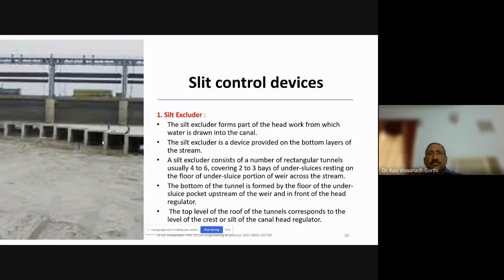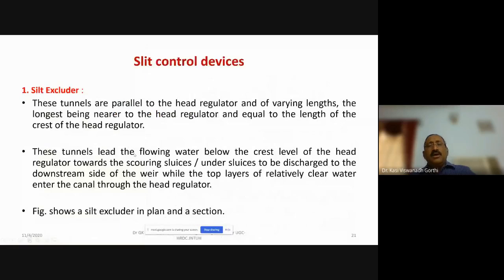This undersluice may be within the body of the river, within the body of the weir, connecting to the bank. At that portion, once again, there may be a canal which is directly connected with the diversion works, or the canal head regulator works. So you have this silt excluder which is provided in the form of these boxes. Let us see how this will work.